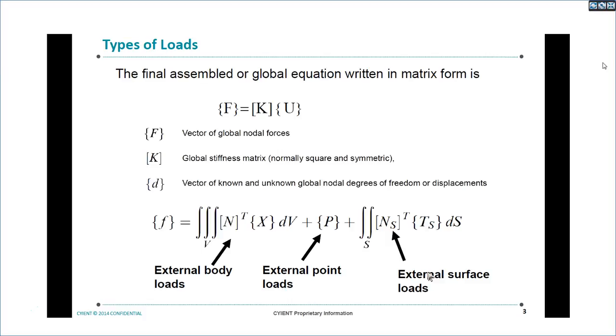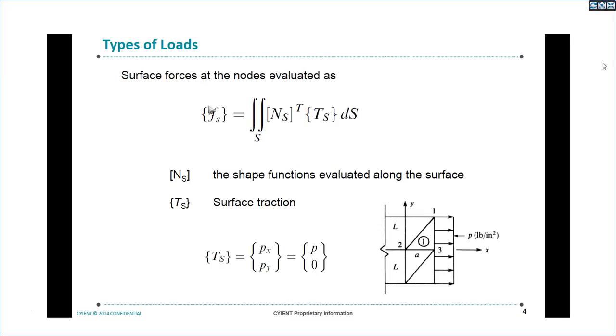So these three comprise the global nodal forces vector. Coming to surface forces, they consist of this equation, where Ts is the surface traction and Ns are the shape functions evaluated along the surface.